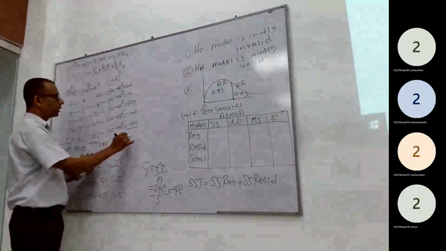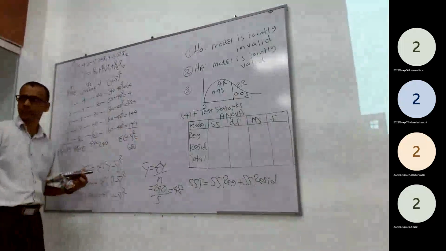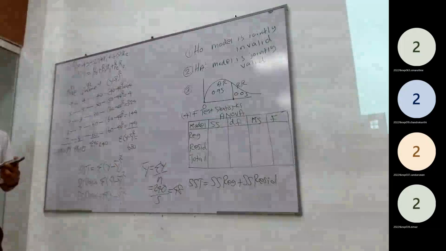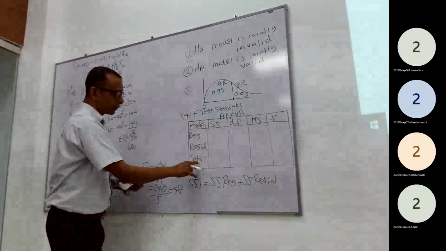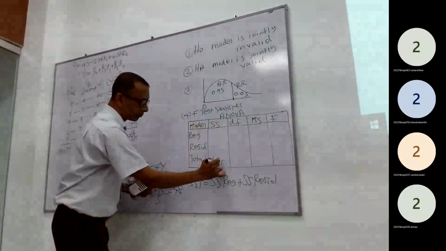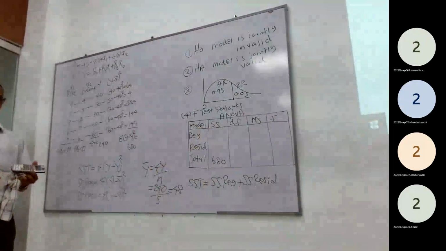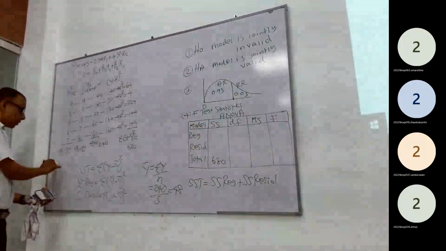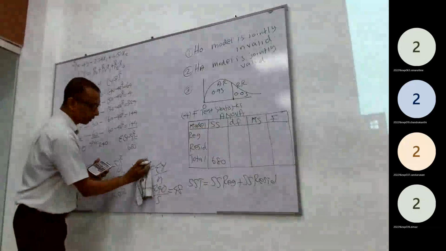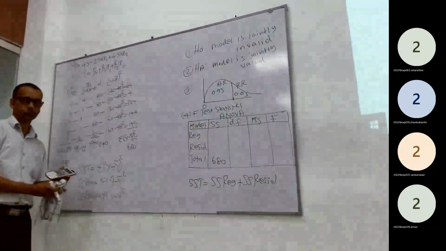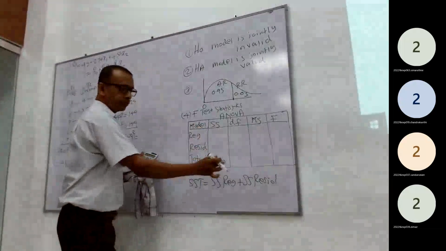Sigma y minus y bar squared is 680. This sum of total variance is 680.